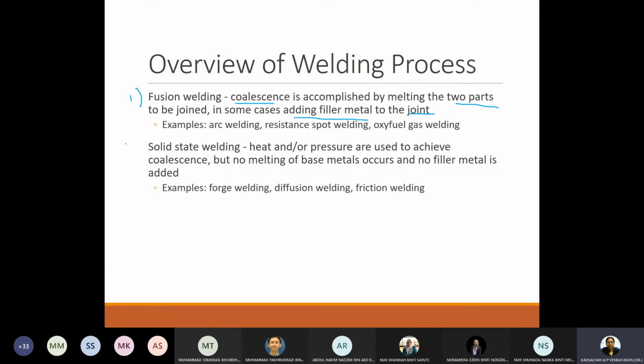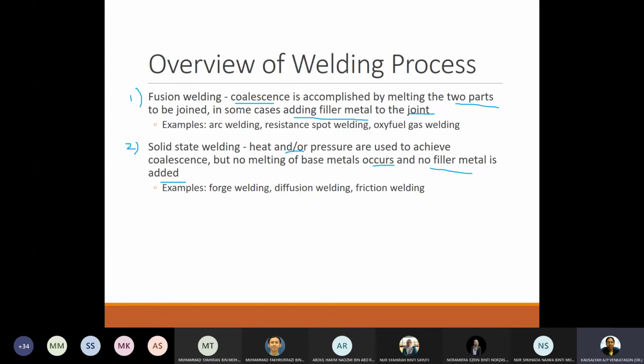And then we have number 2, which is solid state welding, whereby heat and/or, so it doesn't necessarily have to be both, pressure are used to achieve coalescence, but no melting of the base metal occurs and no filler metal is added. So we should be able to distinguish between fusion welding and solid state.